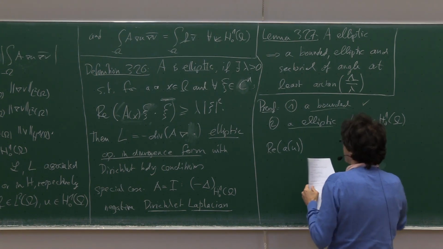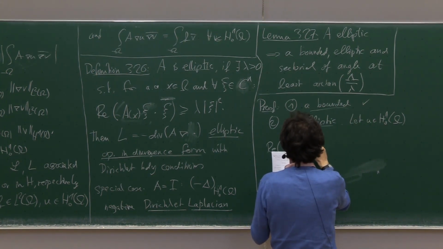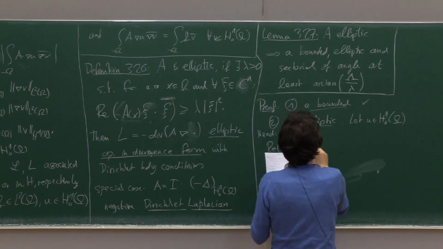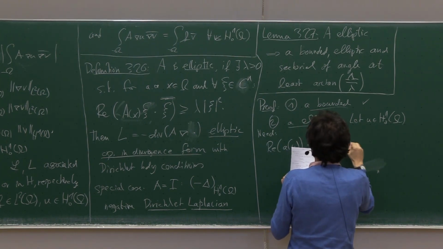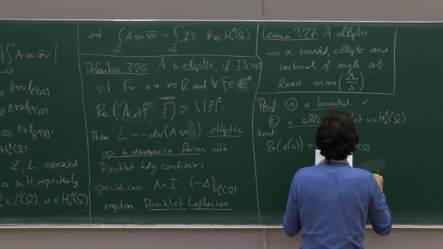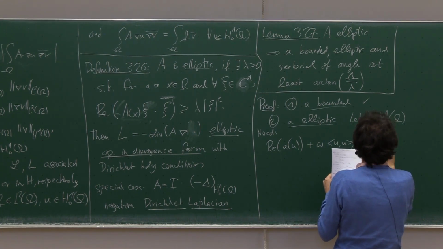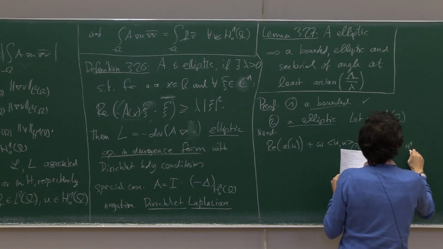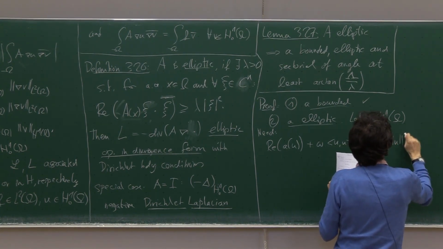There must be some constant, I think it was called omega. So what we need is that the real part plus some omega times the scalar product of u with u in L2 can be estimated from below by some constant times the H10 norm squared. So this was ellipticity.